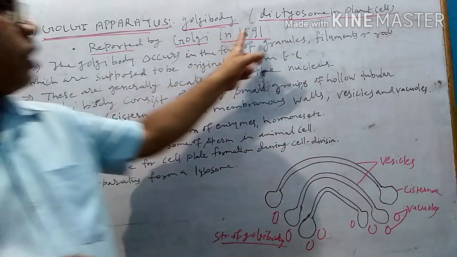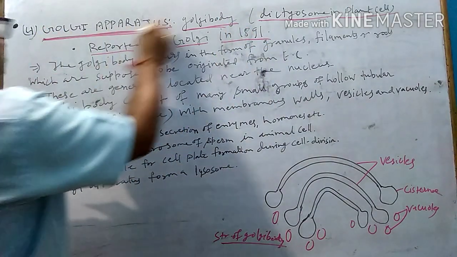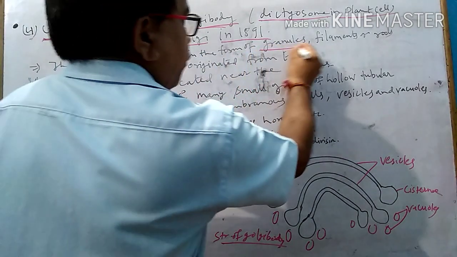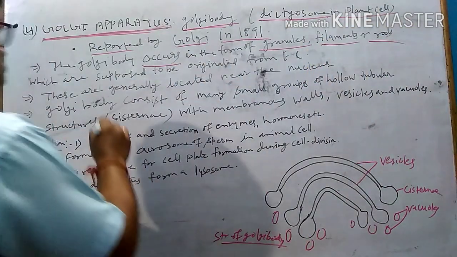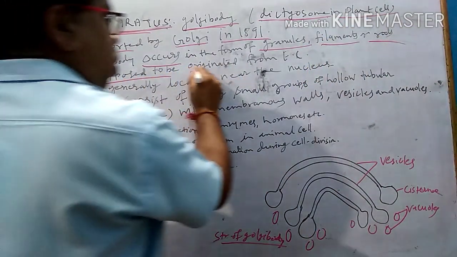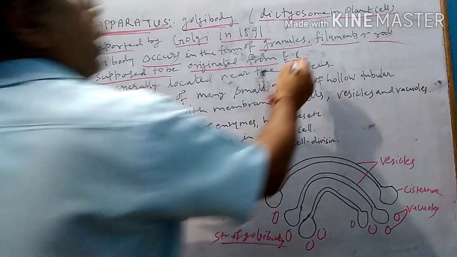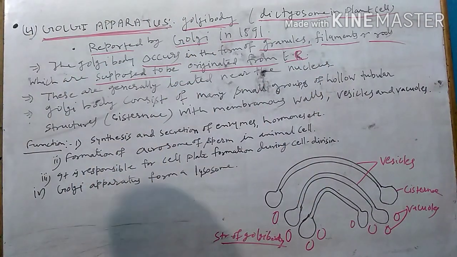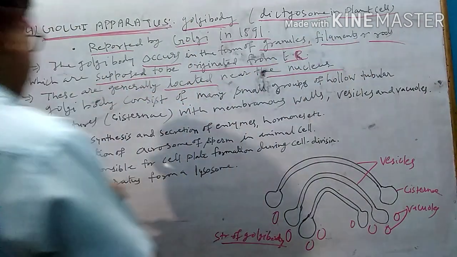The Golgi body occurs in the form of granules, filaments or rods, which are supposed to originate from the ER, endoplasmic reticulum. These are generally located near the nucleus.